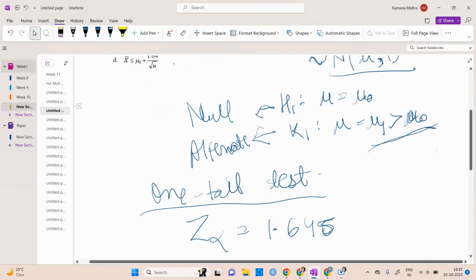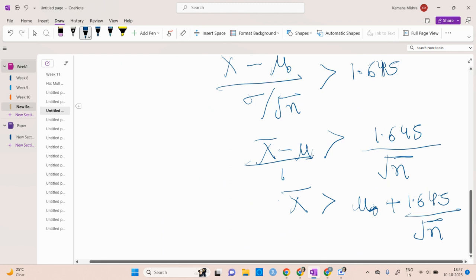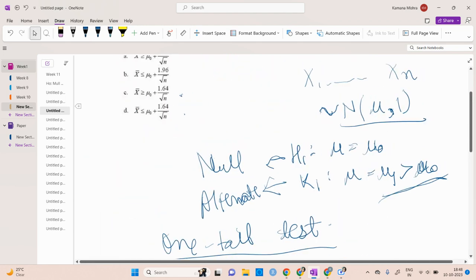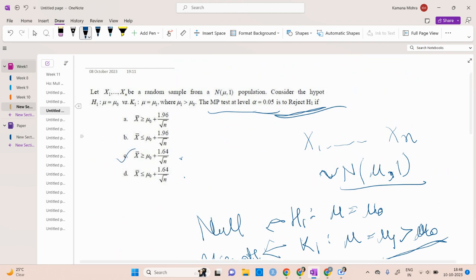And then we are checking this as mu naught. So here we take the null hypothesis mu naught, right? So when x bar is greater than or equal to mu naught plus 1.645 divided by root n, then we reject this null hypothesis, right?